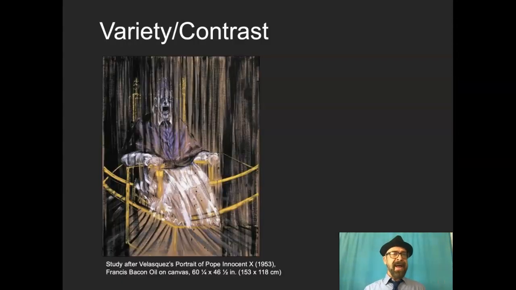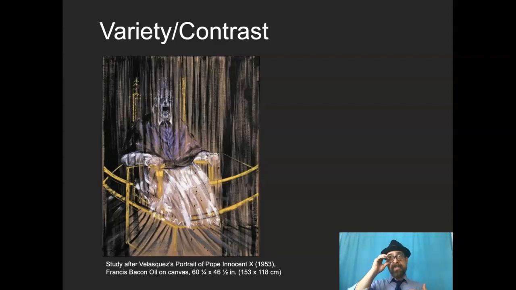Well, if we go back to variety, if there's too much of that, things are too chaotic, right? Too much contrast leaves us overwhelmed, right? Too much harmony leaves us underwhelmed. So what you're trying to achieve is a balance of variety and harmony.